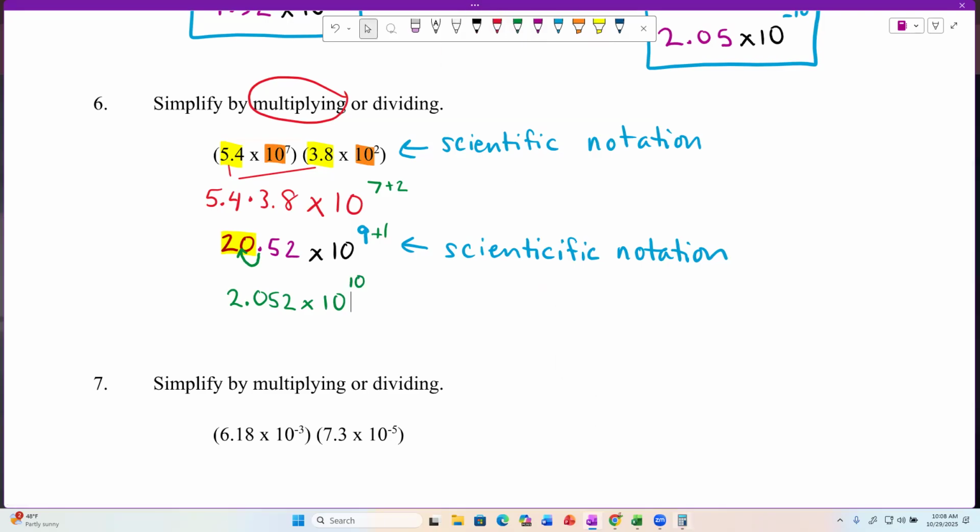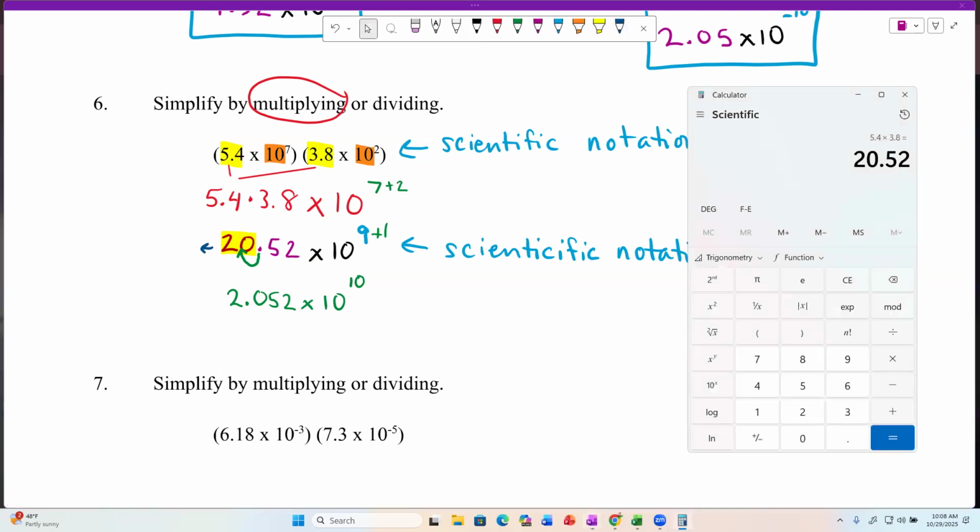Okay, and if you don't believe me, we had that number, 20.52 times 10 to the 9. Looks like that.